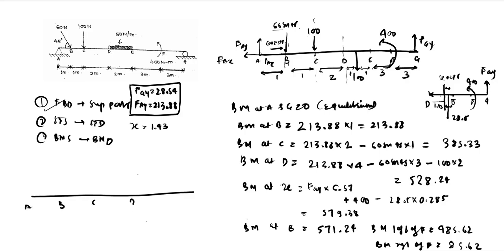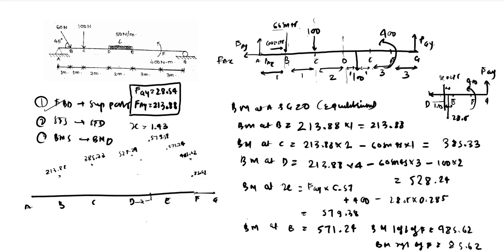A, B, C, D, E, and somewhere here G. So at A we have 0, at B we have 213.88, at C we have 385.33, 528.24 at D, and 579.38 at some point X. So this is somewhere, let us say X, 579.38. Then 571.24 at E. Left of F it is 485.62, and right of F it is 85.62, and at G it is 0.